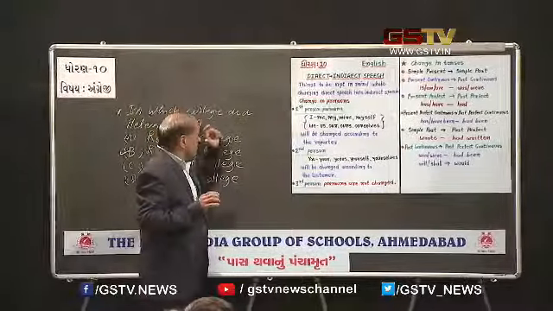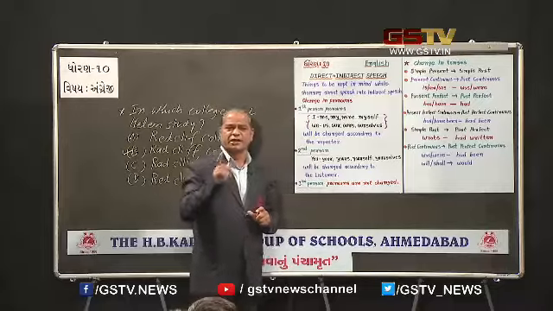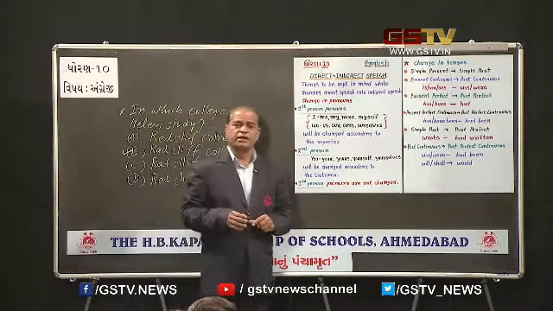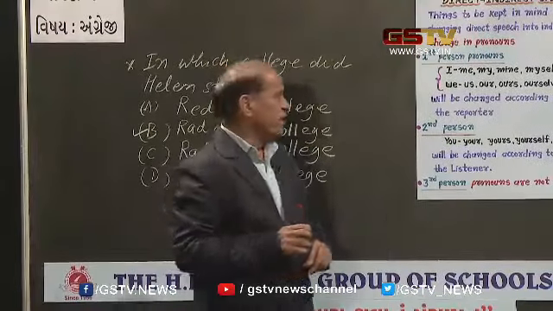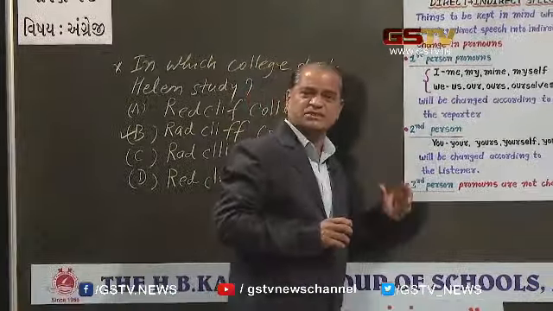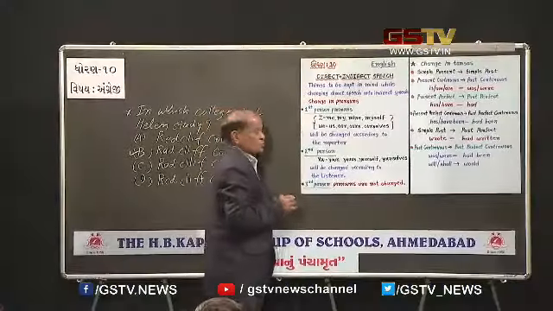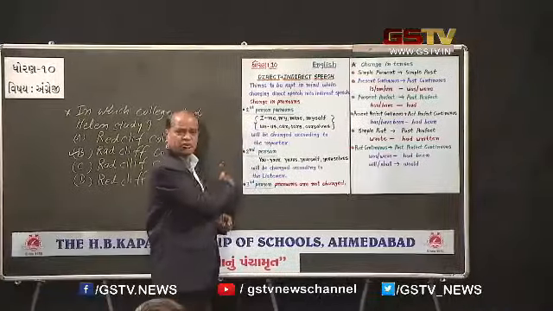Moving on from comprehension, I would like to discuss direct and indirect speech. That is a very important question, and it brings 4 marks for you, and this question is asked right from standard 8 to 12. So, while attempting this question, keep these points in your mind.